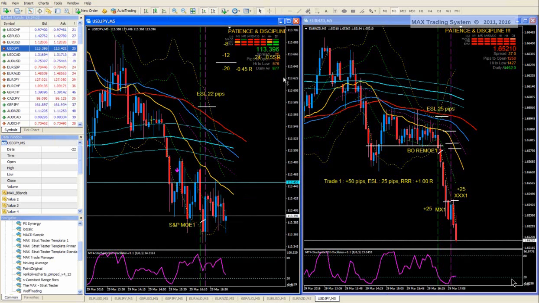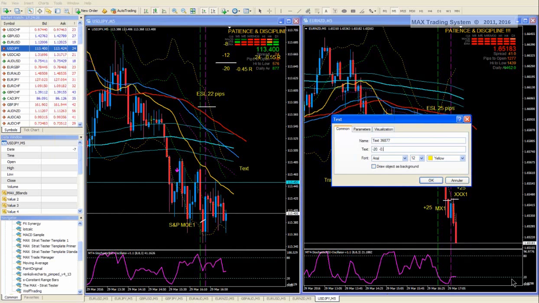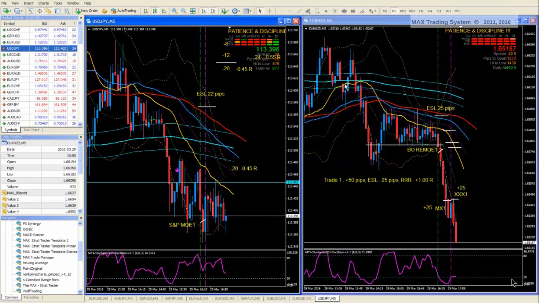So now instead of having a 24 pips loss, I will have a maximum of 20 pips loss. So minus 20 pips. And this 20 pips loss will represent a negative reward to risk ratio of, of course, minus 0.45 R. So a little less than the maximum of minus 0.55 R here.